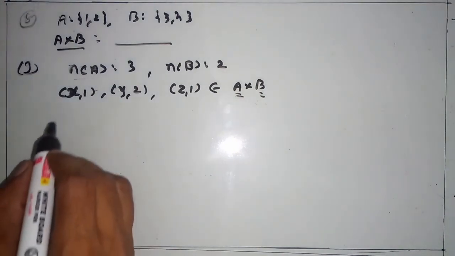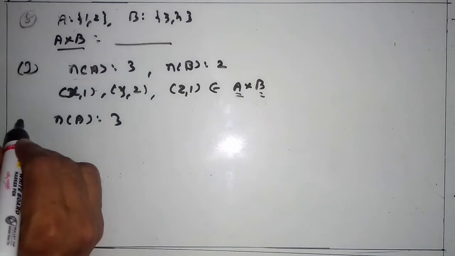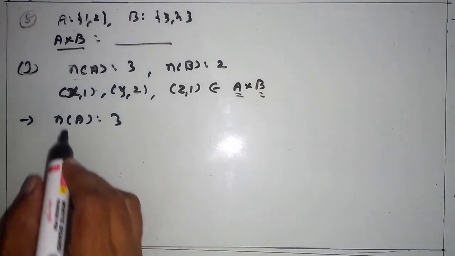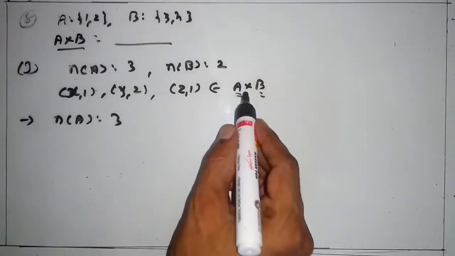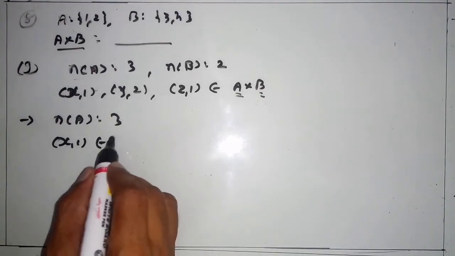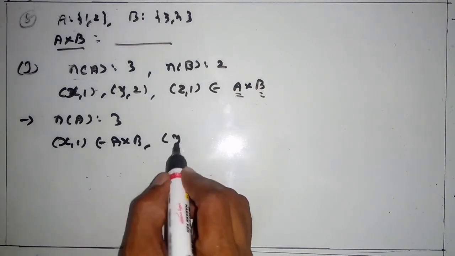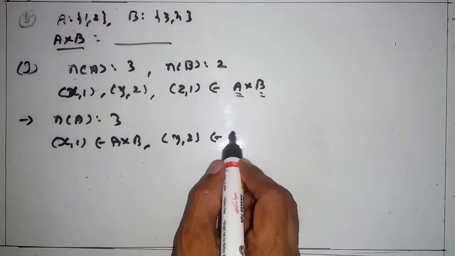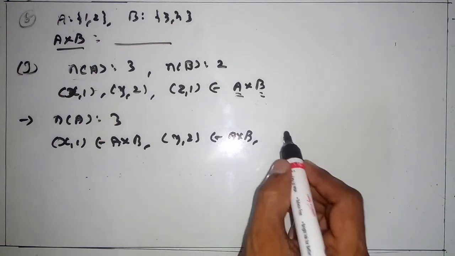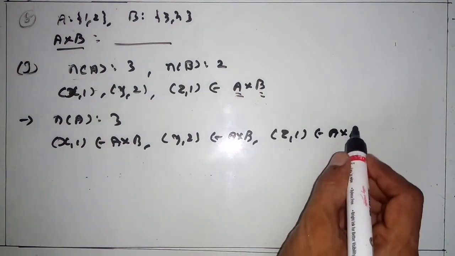The number of elements of A × B is 3, already given. And (x, 1) belongs to A × B, (y, 2) belongs to A × B, and (z, 1) belongs to A × B.